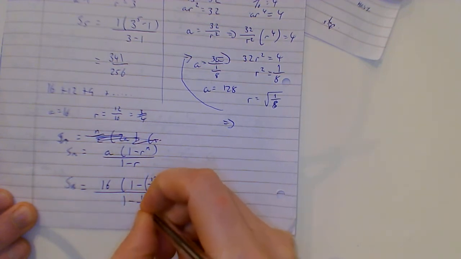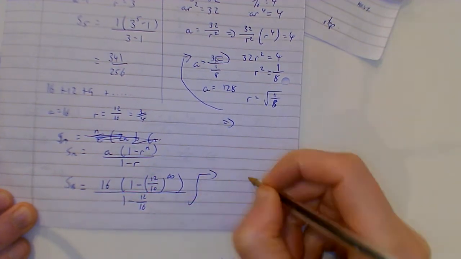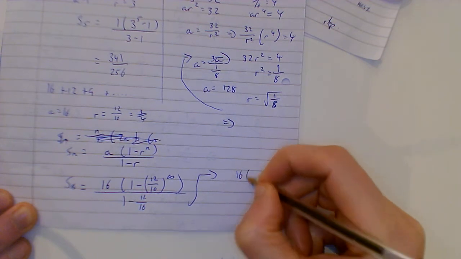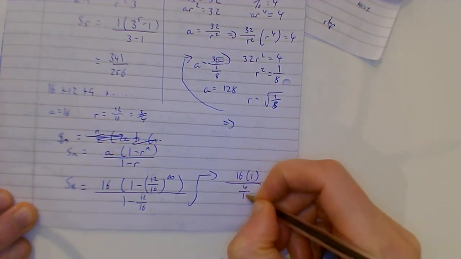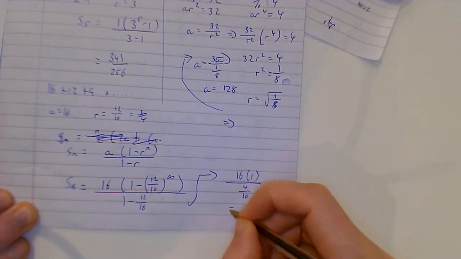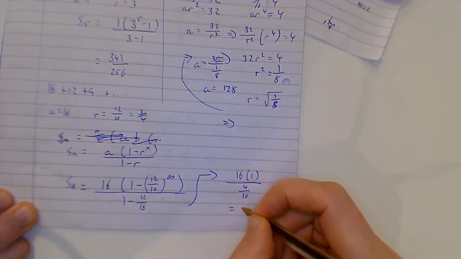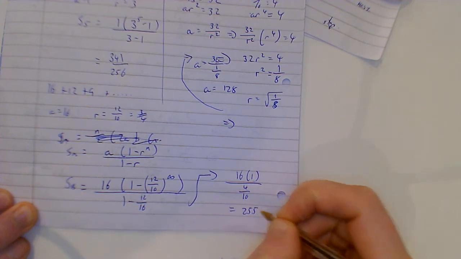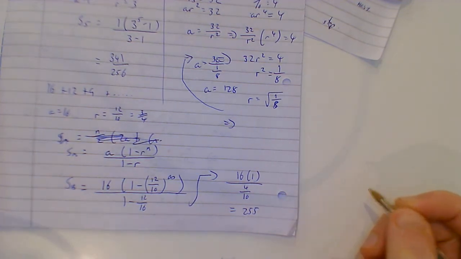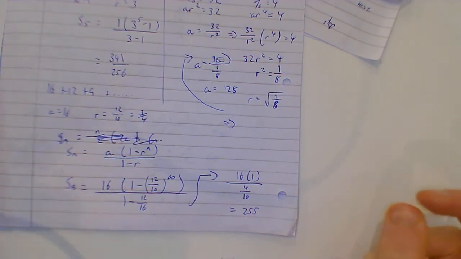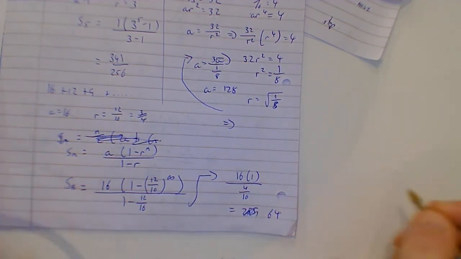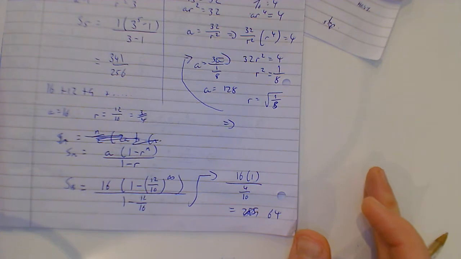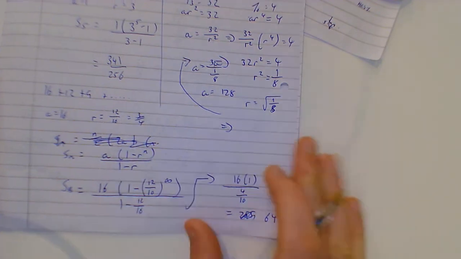So that's going to go 16 over 1 minus 3 over 4, and then that's going to go 16 over 1/4. And our answer is going to be, sorry, it's going to be 64. And that's that sorted. Nothing groundbreaking to that, nothing hard.